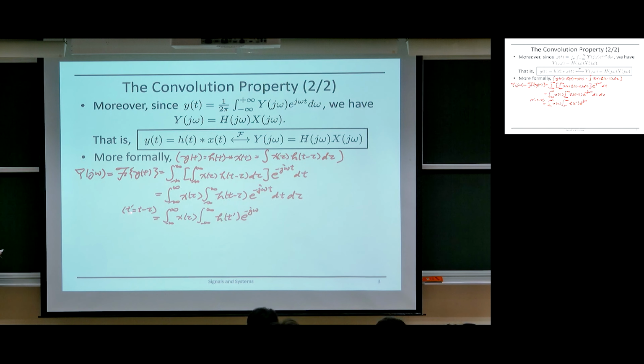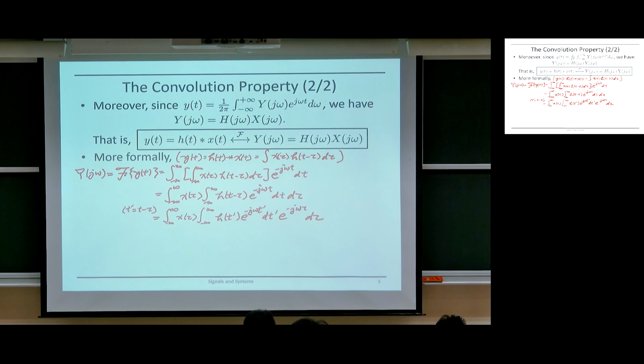Now when I do this change of variable, t becomes t prime plus tau. Now let me just leave one of the t primes inside. So I get e to the minus j omega t prime, dt prime, and then leave one outside.